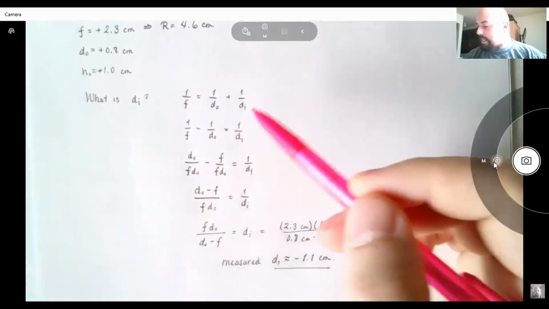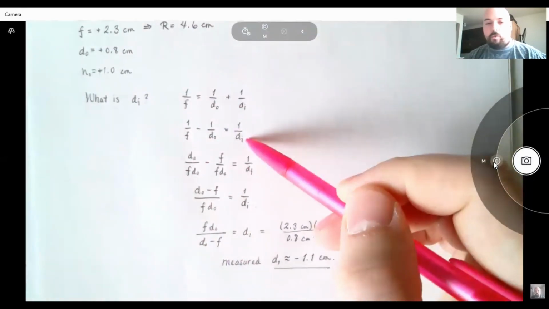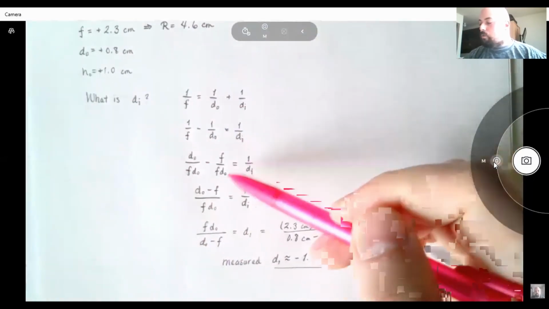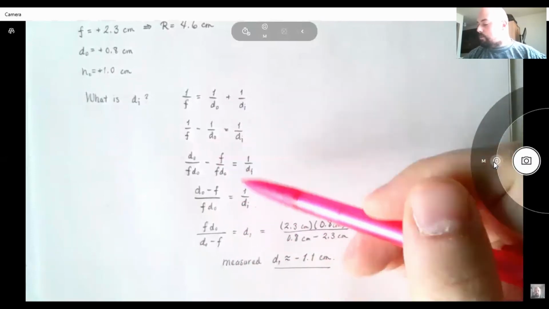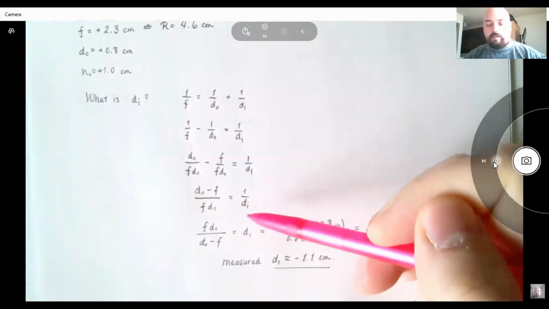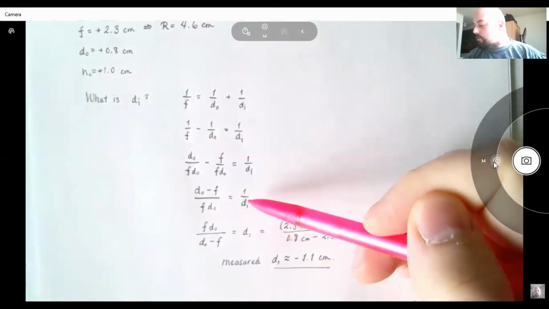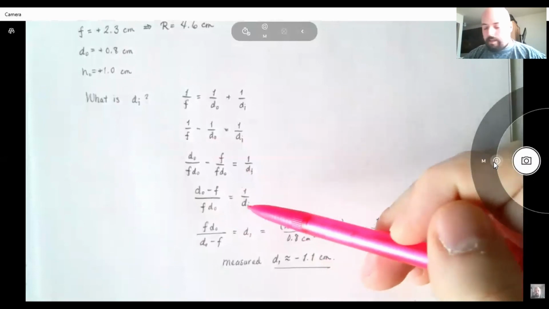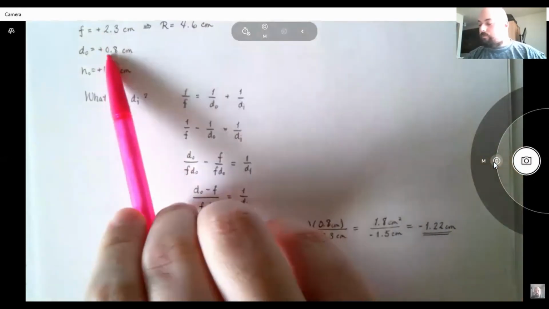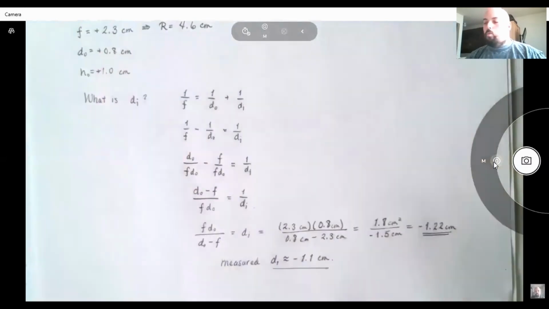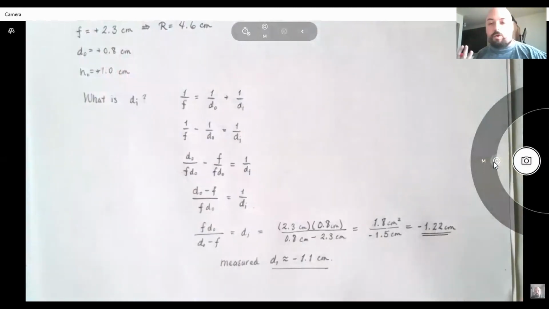I just let the algebra of what we're trying to find do the work, and then once I've done the correct algebra to isolate the variable I'm trying to find, I plug into the equation those quantities that were given with either their positive or negative signs, so that I don't have to worry about something going wrong.